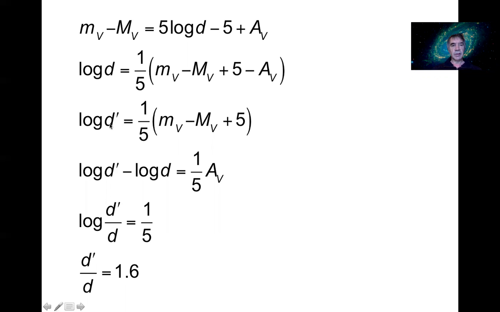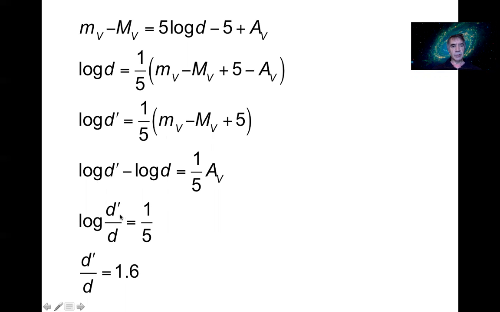D primed here is the wrong distance that you would get if you ignore the dust extinction. So just subtract the two here and everything drops out apart from this AV over 5 factor, and we're taking AV to be 1, so that's a fifth, and that's in the log.